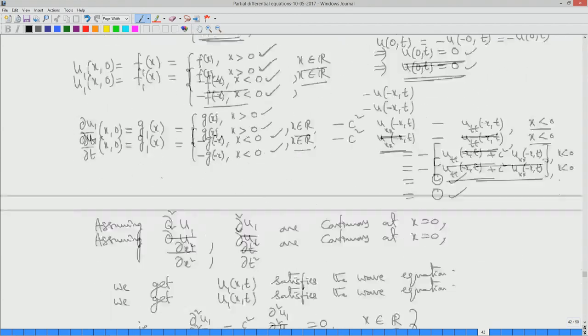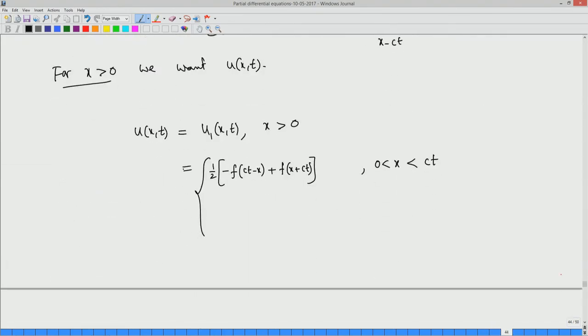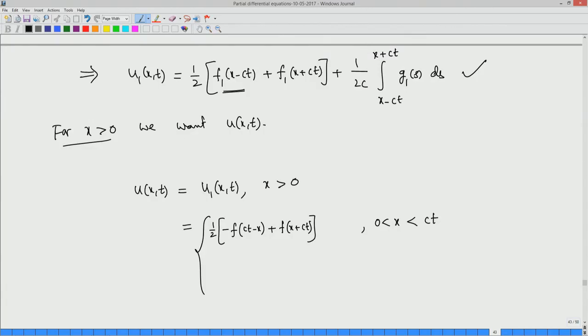Now the remaining is plus 1 by 2c, and for this one you split the integral into x minus ct to 0 of g1 of s ds plus 0 to x plus ct of g1 of s ds. I split it like this, but I have to write it in terms of g only, not g1.